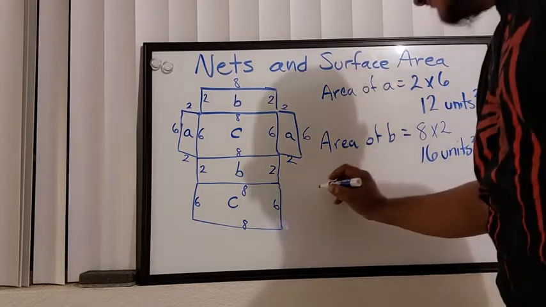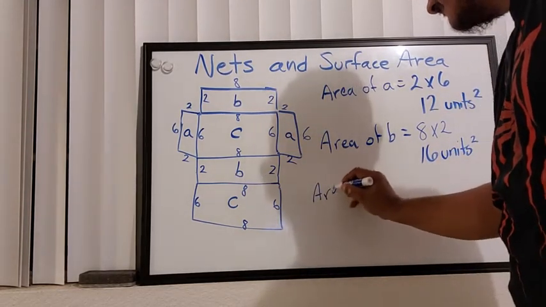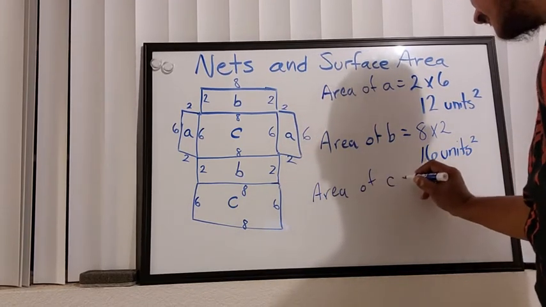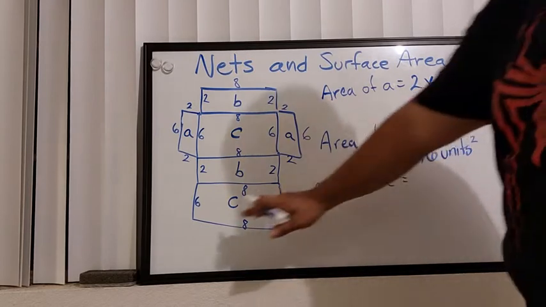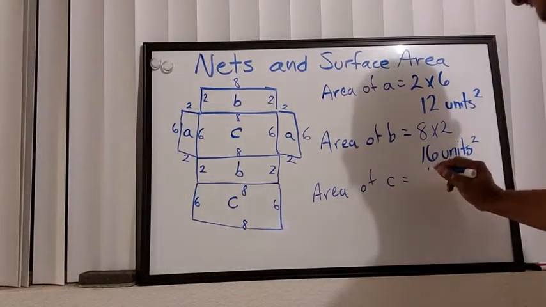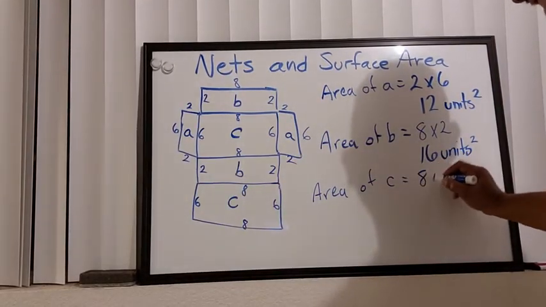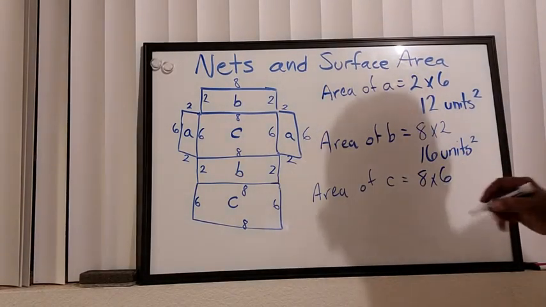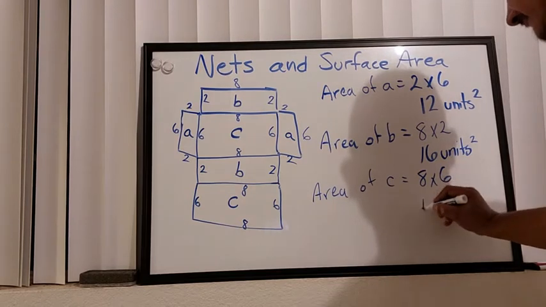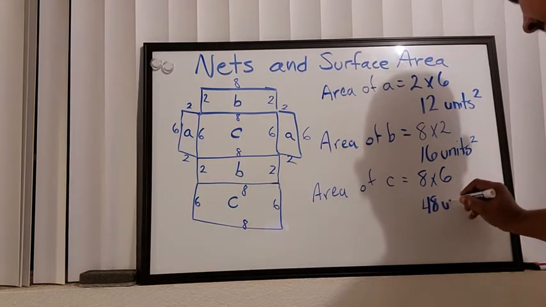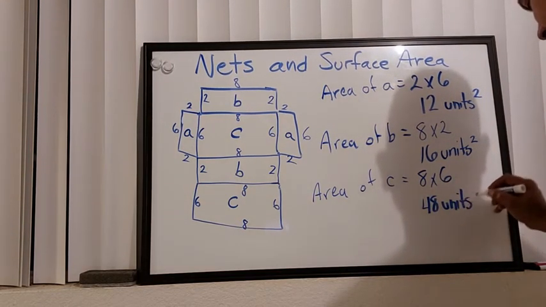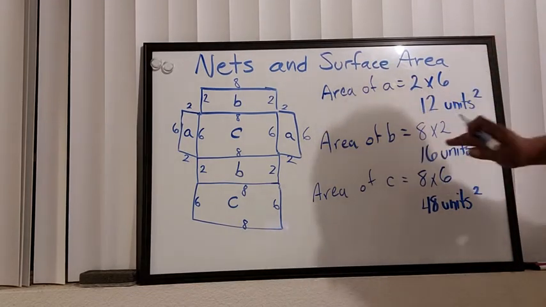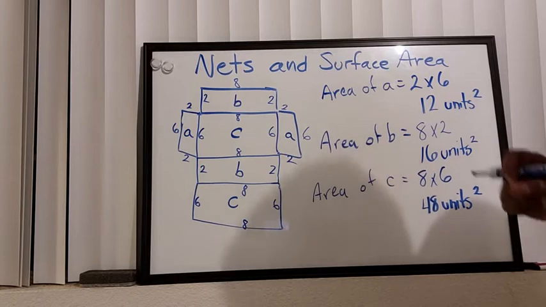Now, the area of C. Well, we know that C, our base is 8, and our height is 6. 8 times 6 is 48. Leaving us with 3 different areas: 12, 16, and 48.